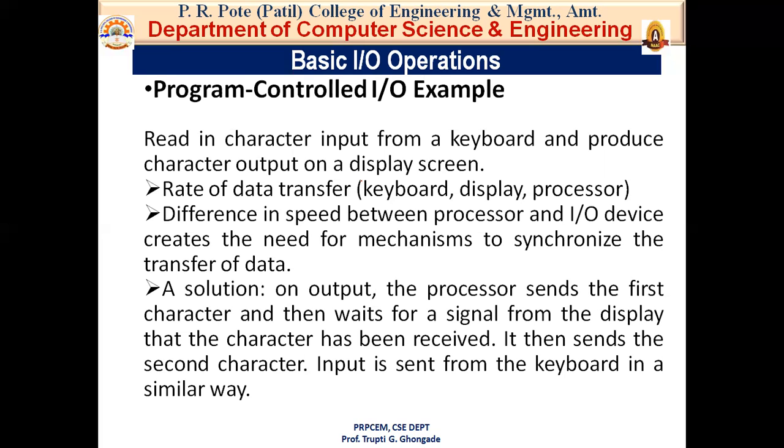After that, your processor will send the second character. Then after getting the second acknowledgement, it will send the third character, and so on. Like this, your processor works between the input device and the output device. Input is sent from the keyboard in a similar way.